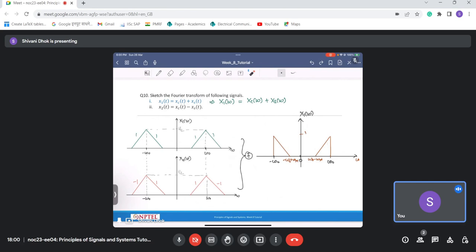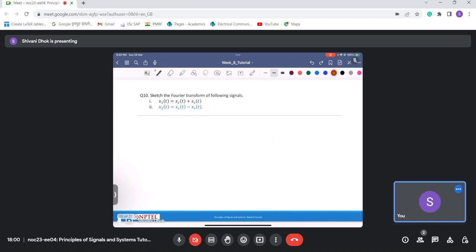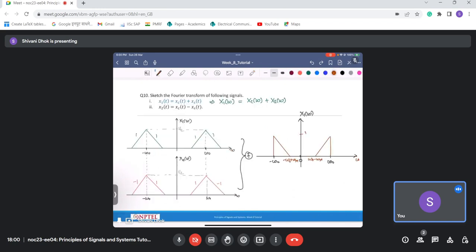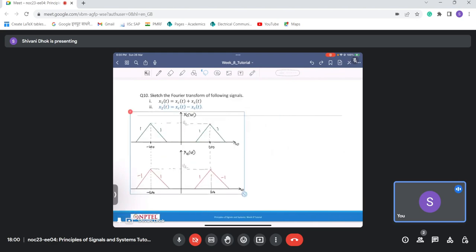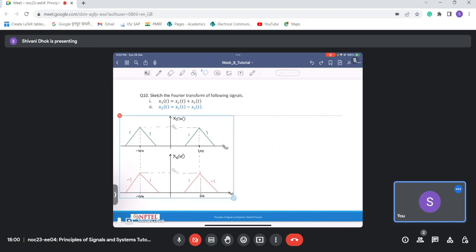Now let us look at what happens in this case, the second case. So let me just copy this because I'm going to need it. So let me copy it here. So this is what I have, and this one, x2 of omega, I need to find, which is equal to xc of omega minus xs of omega.